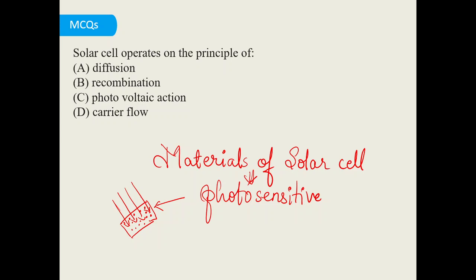If we connect an external load to a solar cell, it will act like a voltage supply, a DC power supply, and current will flow through the external load from positive to negative.